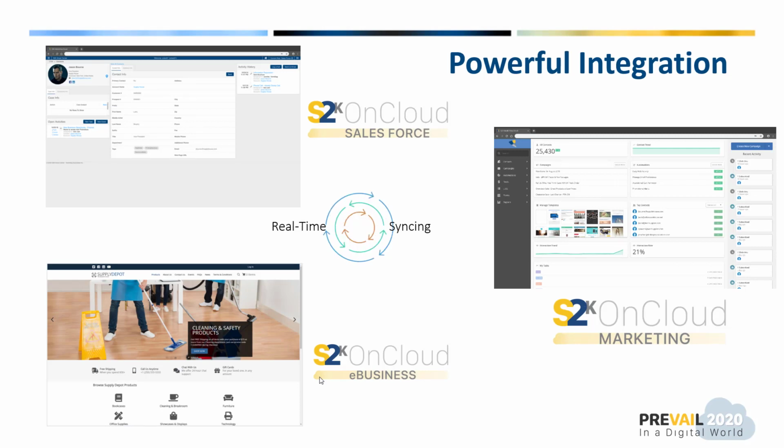Okay, so this type of powerful integration is really setting the Salesforce module apart from many other tools. It's really just giving you real-time feedback on e-business activity, marketing activity, sales activity, and making your sales team much more well-informed about what's going on with the leads and prospects they're selling, right?